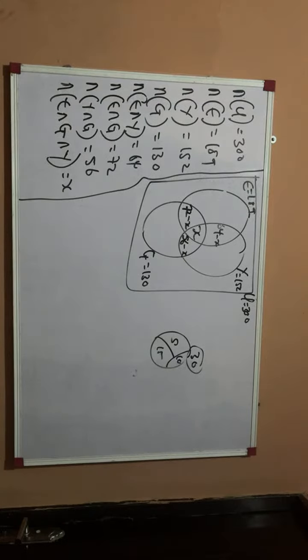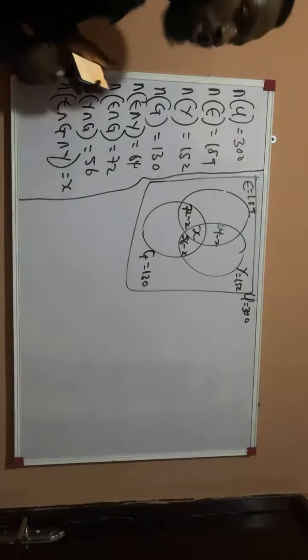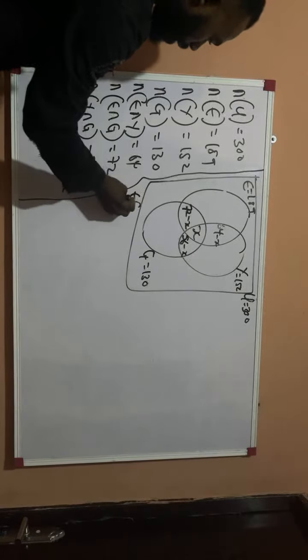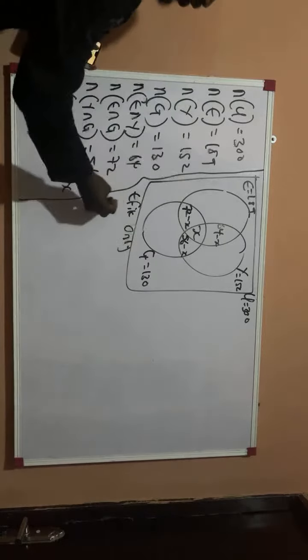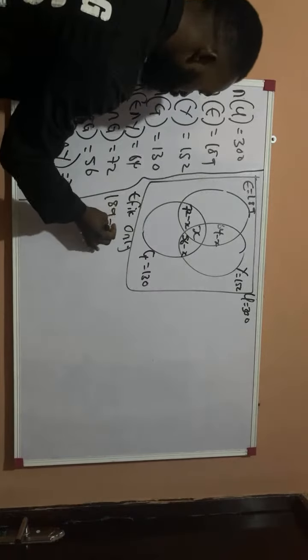Now without wasting time, let us go there. Here becomes 189, which is the total number of lovers of effic dance. So we are solving for effic only. Now it becomes total number of effic lovers, which is 189, minus.